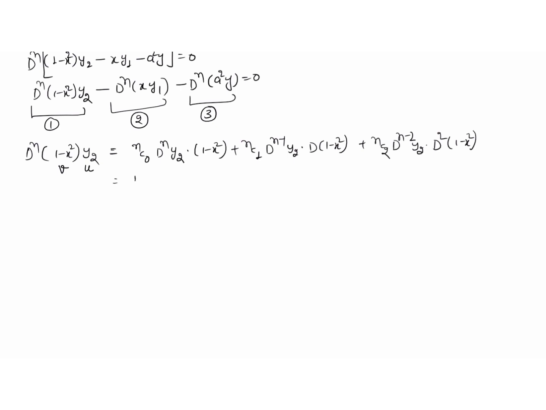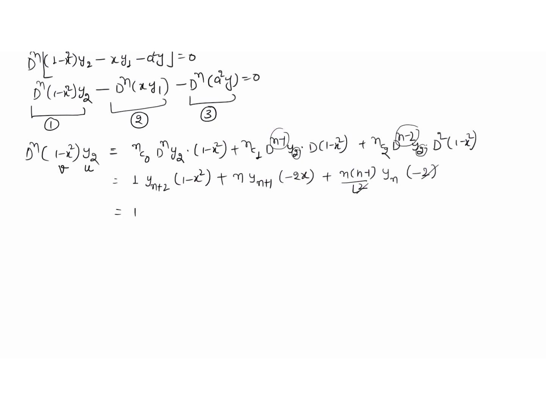Simplify this. nC0 is 1, Dⁿ of y₂ will become yₙ₊₂, and 1 − x² remains the same. nC1 will become n, and Dⁿ⁻¹ y₂ will become yₙ₊₁; just add the power and the suffix to get yₙ₊₁. Now differentiate one time: 1 − x² gives −2x. nC2 will become n(n − 1)/2!, and Dⁿ⁻² y₂ gives yₙ. Two times differentiation will provide you −2, so just cancel both.